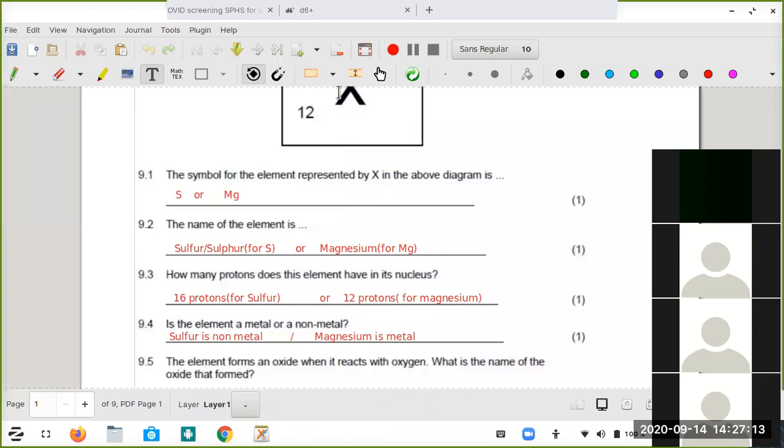That's the atomic number. Atomic number, remember, represents the number of electrons in an atom. So if you mention that it's sulfur, it means there are 16 protons. If your answer was magnesium, then the number of protons is 12. Then if your answer on 9.1 was carbon, it means your atomic number will be 6. That's what it means.